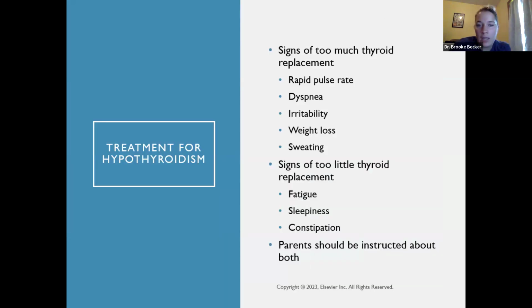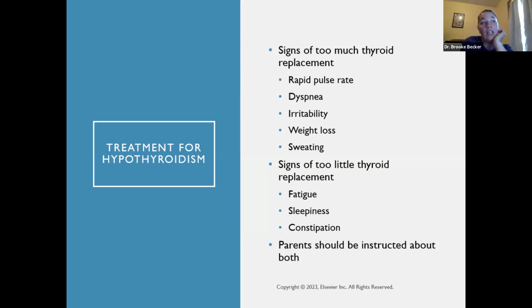So if kids are on thyroid replacement and they come in and they have any of these symptoms like irritability, weight loss, sweating, rapid pulse rate, then that would tell you that they're getting too much thyroid hormone replacement. They're getting hyperthyroid now because you're giving them too much replacement. That would be your clue that they need it lessened.